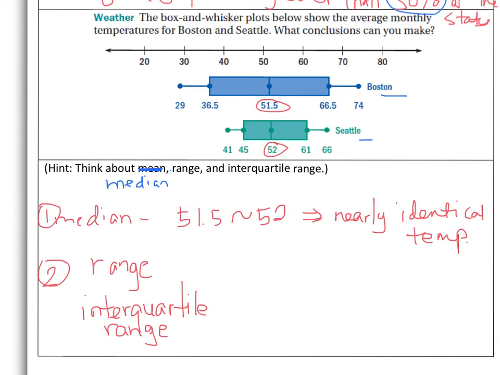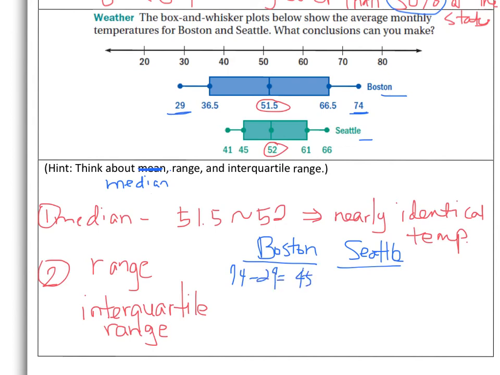Okay, so Boston, Seattle. I'm just trying to make a little chart. So the range for Boston will be 74 minus 29, and that would be 45. And for Seattle, it's 66 minus 41.